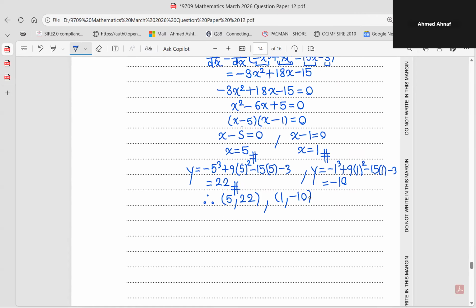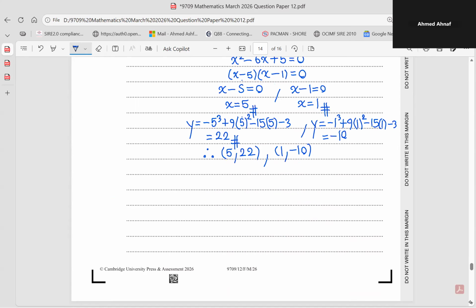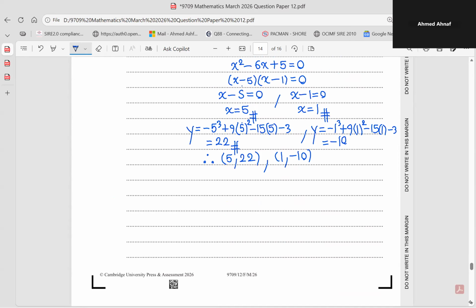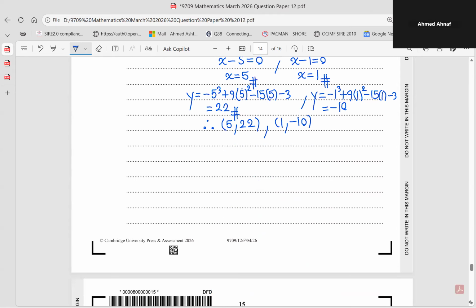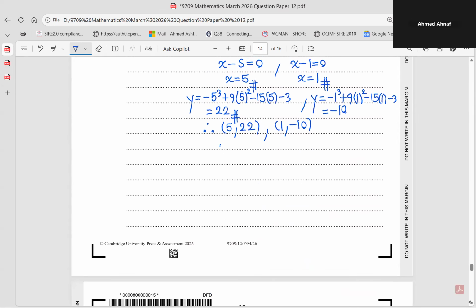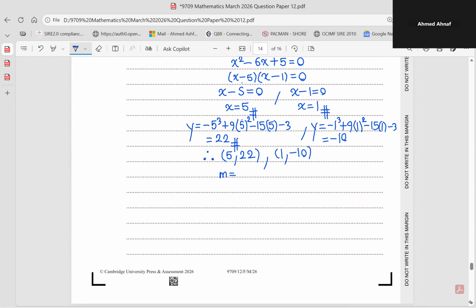Okay, all right, so now that we know the full coordinates of these two stationary points, we can find the gradient of the line by using the gradient formula. So m is y2 minus y1. For y2, I'm going to use 22, and then minus y1, which is the other one, negative 10.